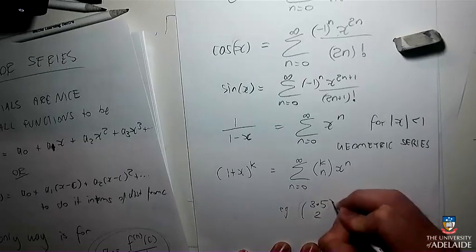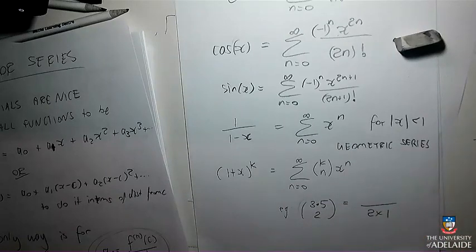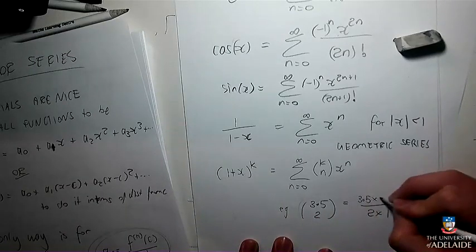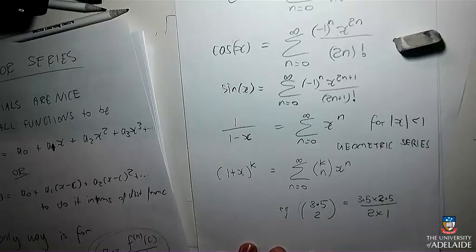Just as an example, 3.5 choose 2 has on the bottom 2 times 1, same as it used to. This is 2 factorial on the bottom, and on the top it starts with the 3.5 and then it goes down by 1 and has the same number of things on the top as it does on the bottom.